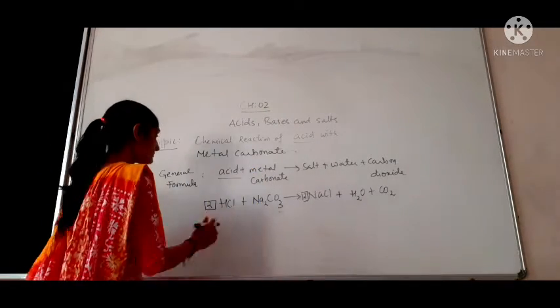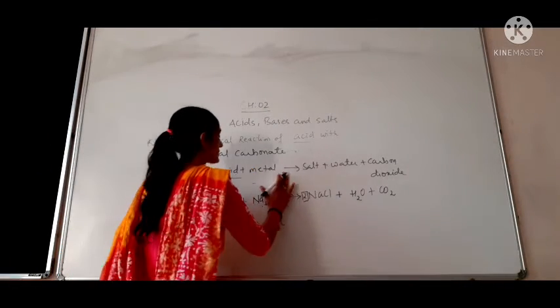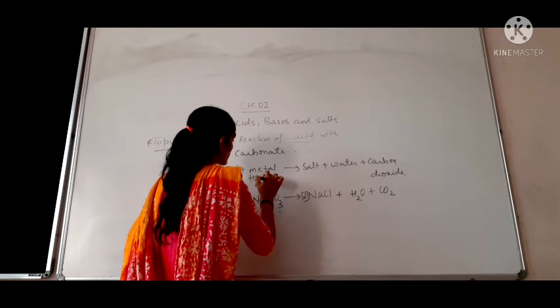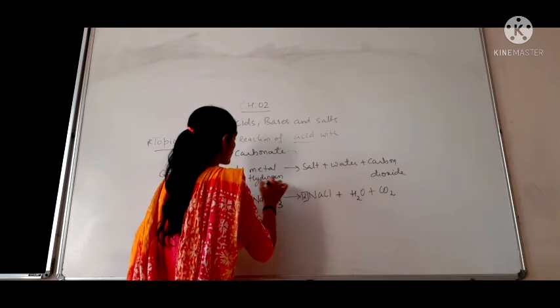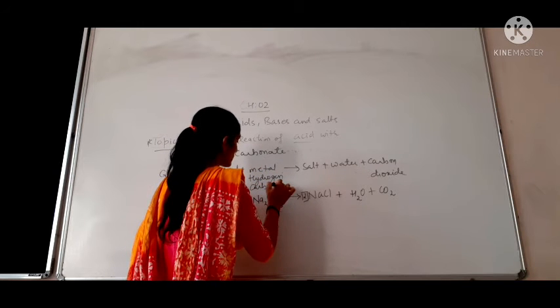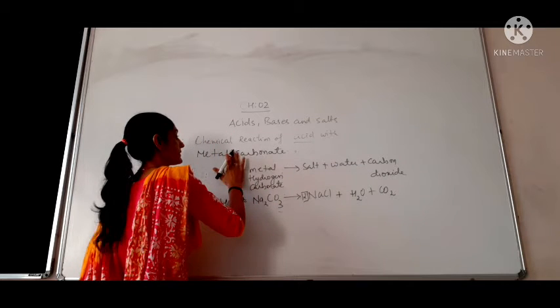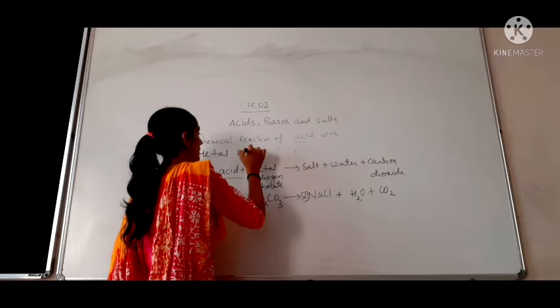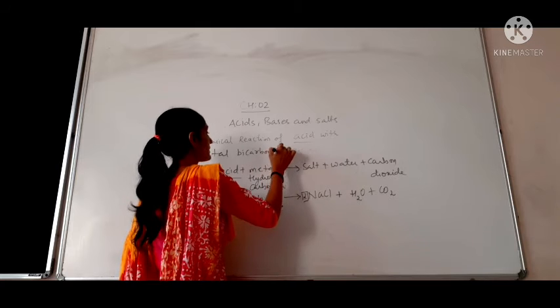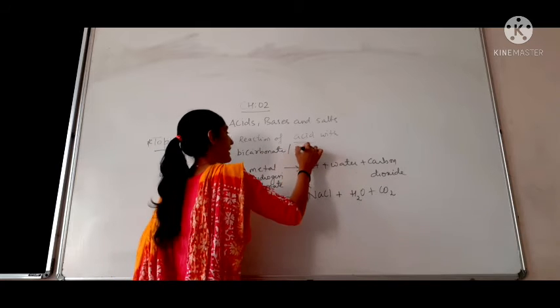Now what about metal hydrogen carbonate? Metal hydrogen carbonate is also known as metal bicarbonate. Here I am writing about metal bicarbonate, that salt we have to learn afterwards, or either hydrogen carbonate.